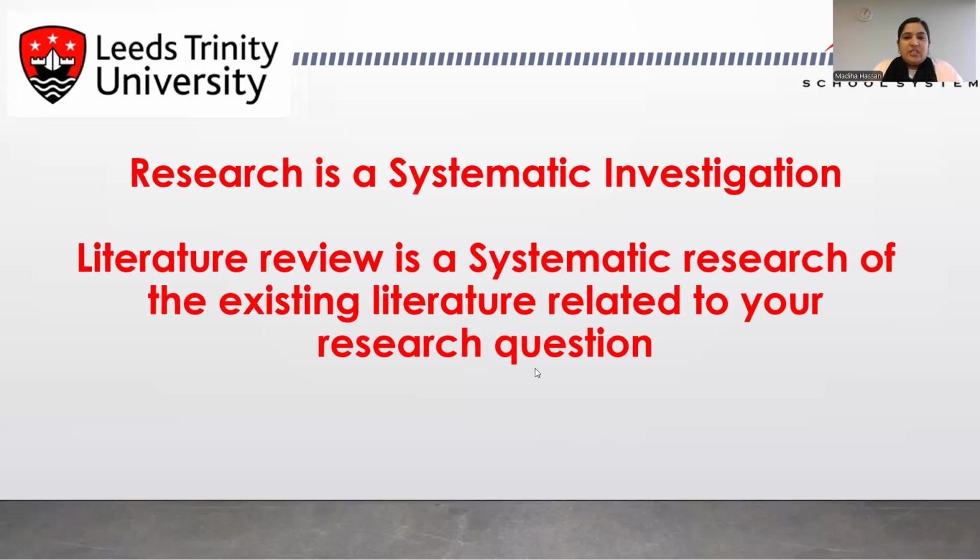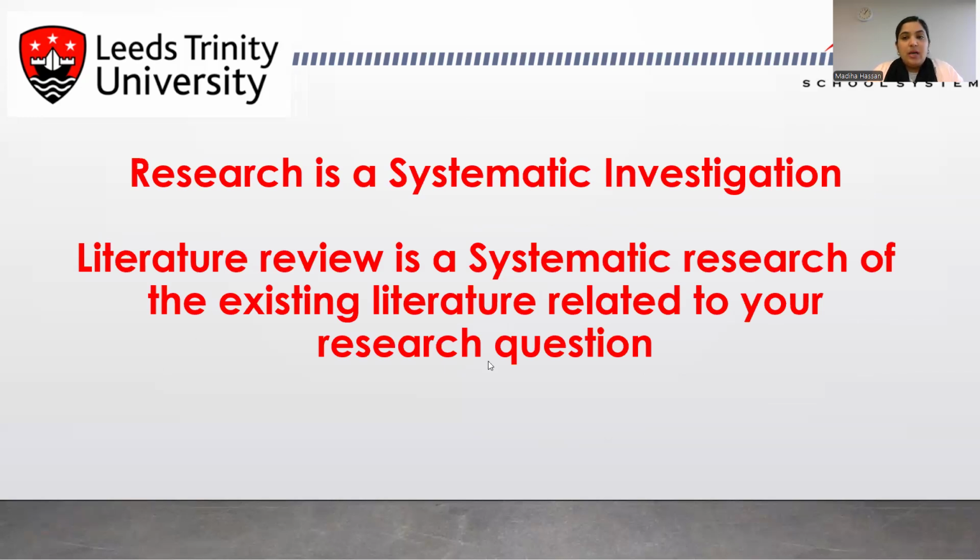So when we discussed research, we said that research is a systematic investigation. It means that it has to follow a system, and normally systems have some steps. Literature review is systematically researching the existing literature related to your research question.